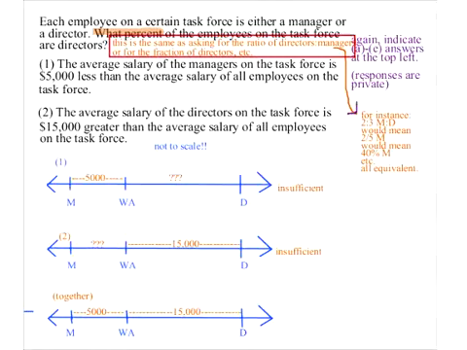Again, you don't have to do the work, but notice that the quantity ratio is the inverse of these distances. So number of directors to number of managers is the ratio of managers to directors on the number line. That's 1 to 3.